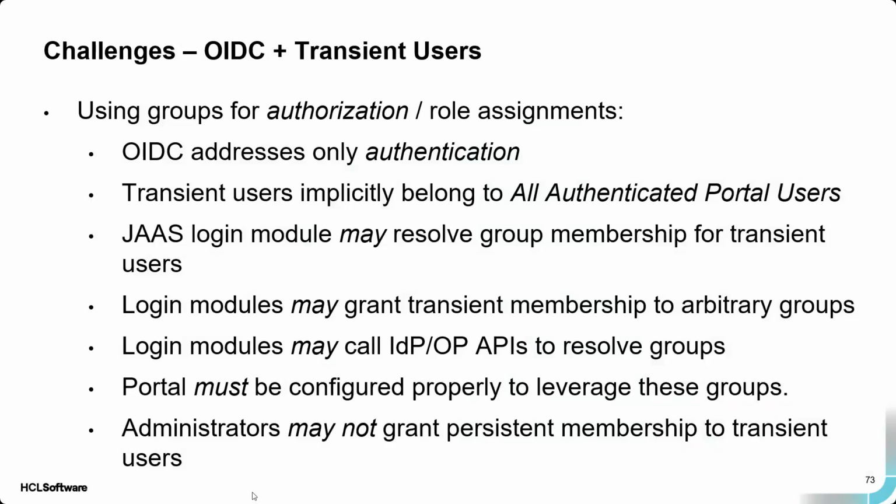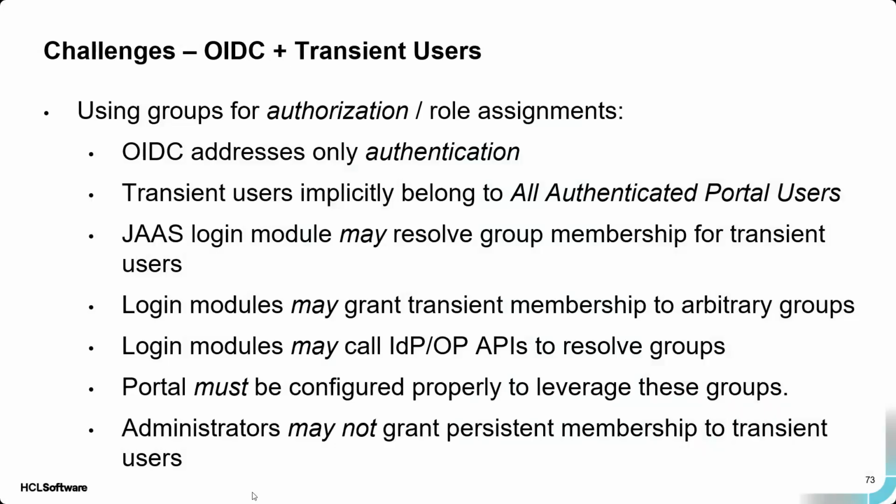And that includes doing things like making API calls to an external service to resolve group membership. You have to configure Portal properly to use that group membership, but it can be done.